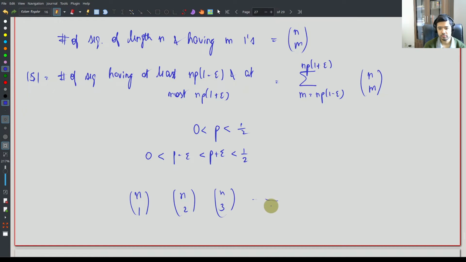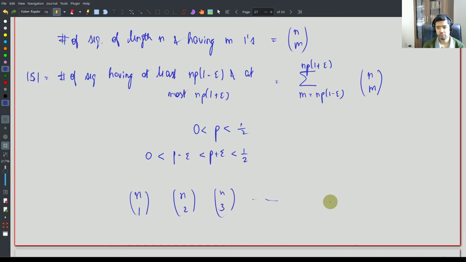M is near np. Okay, so if you take any general n choose m, you fix an n and then vary m from 0 all the way up to n, where will this reach the maximum? The middle value in the range?